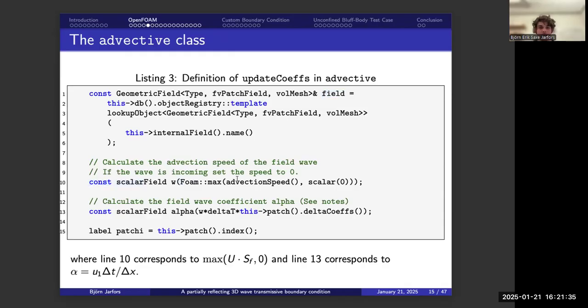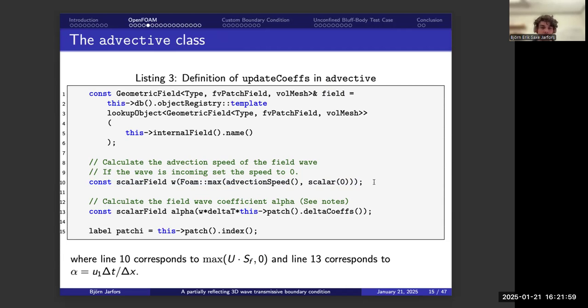And after that, it will calculate the wave speed. And the wave speed is then determined depending on what is the maximum if the advection speed is greater than 0. And in general, this is the case for, simply.